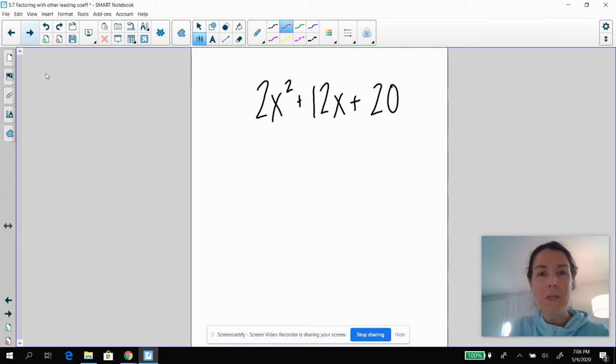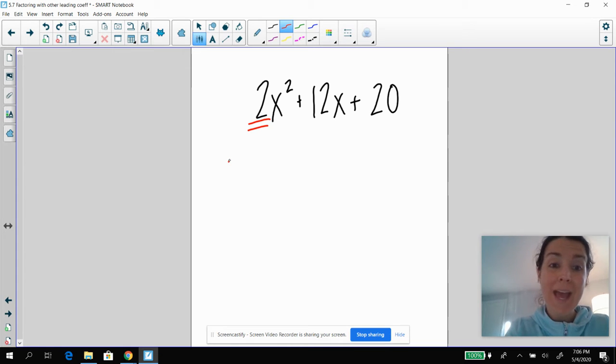So now we're going to switch it up. What if we had a quadratic expression, but now my a is 2? See how my leading coefficient now is 2? Well, we've actually seen these before because the very first question we always asked ourselves was, is there something I can take out of each term? And in fact, there is here. There's a 2 in every term.